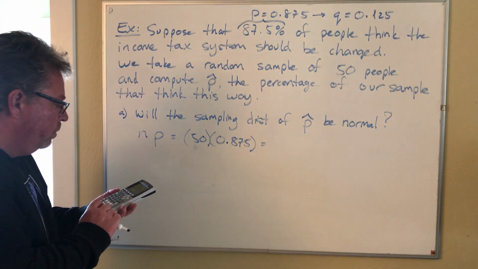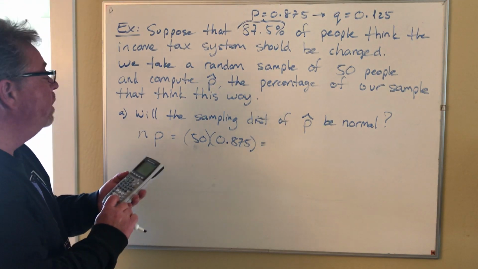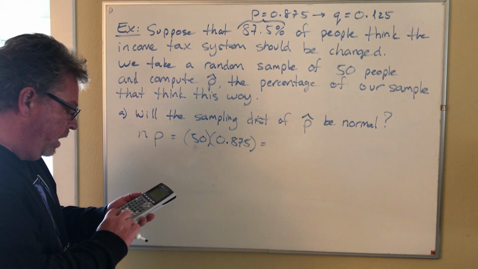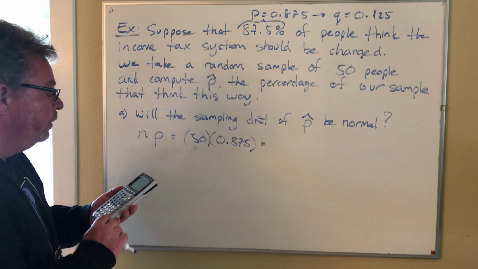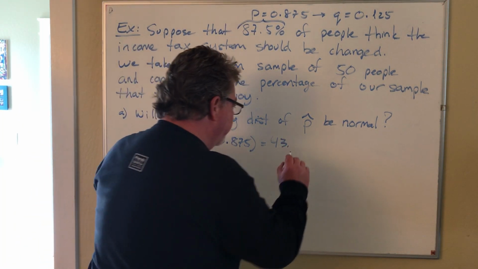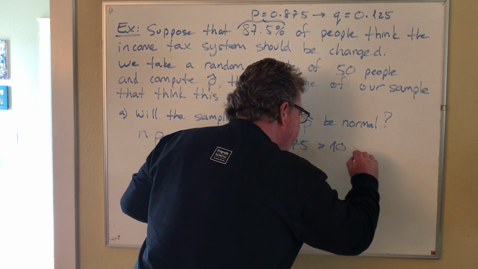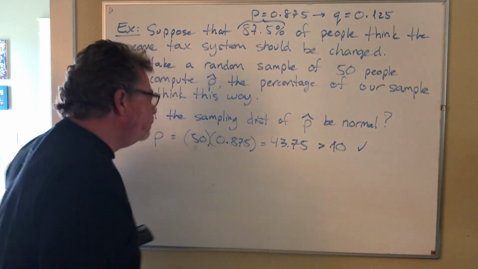So, stuck in normal 83. Now I'm out. So 50 times 0.875, this comes out to be 43.75, which is greater than 10, so everything's cool.